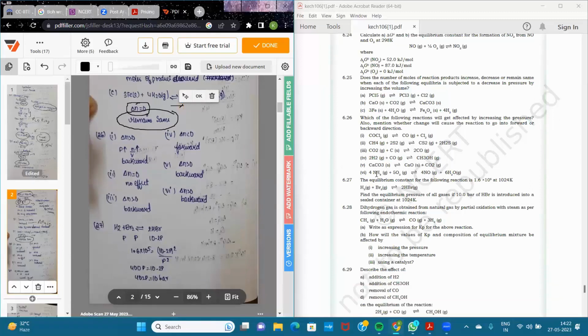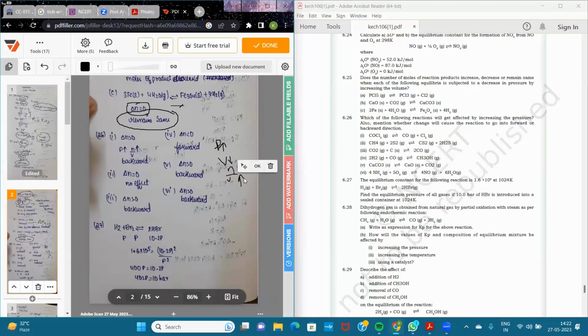We'll go with the next question. Which of the following reactions will get affected by increasing the pressure? Same as above question. Here, pressure is increased, so volume will decrease, and number of moles per unit volume will increase. To nullify this change, the reaction will proceed in that direction where number of moles decreases.